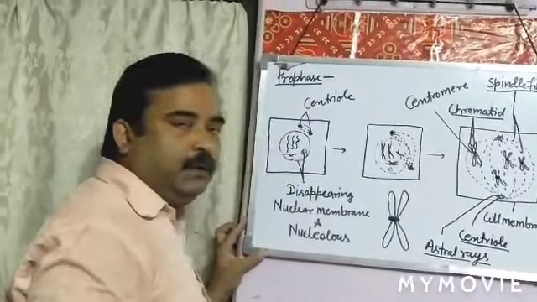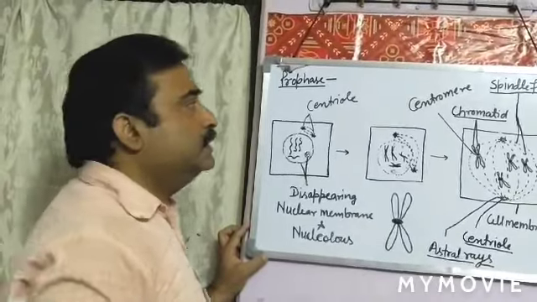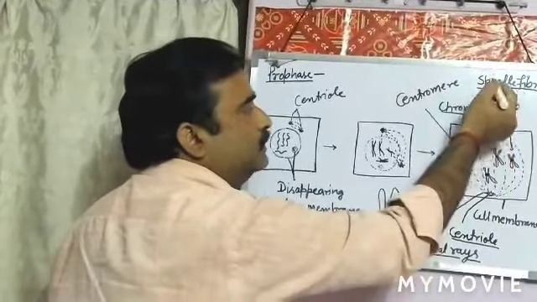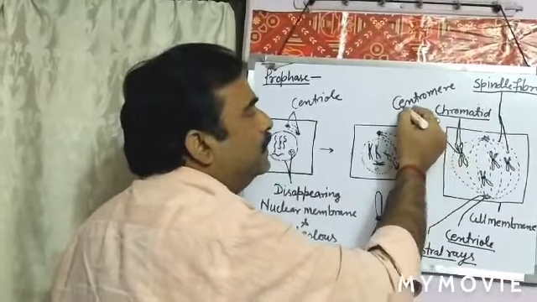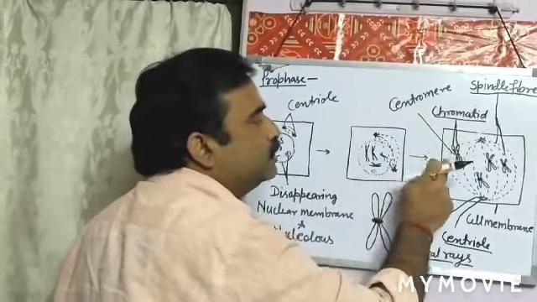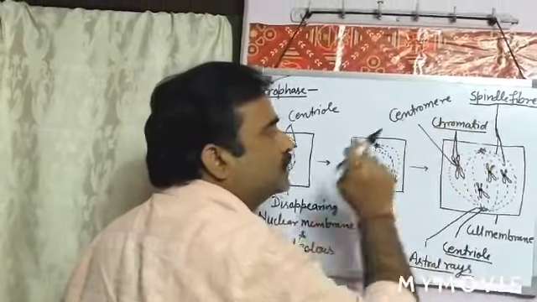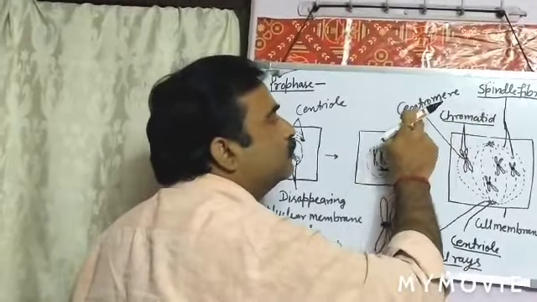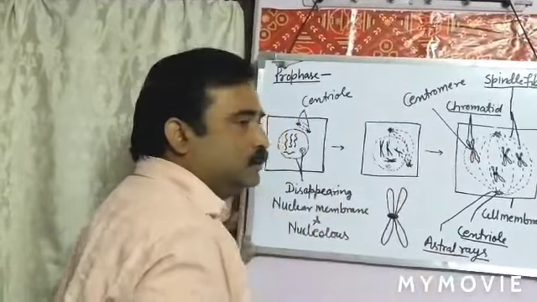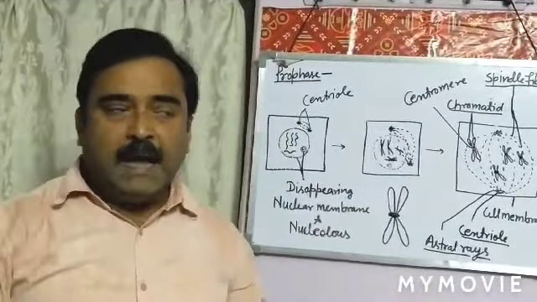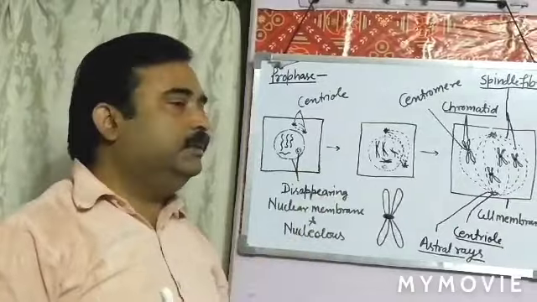Proteinaceous fibers appear in between the centrioles. That is what? Spindle fiber. And the chromatin network becomes chromosomes, and each chromosome has two sister chromatids, both connected with each other by the centromere. So this is the last or final stage of the prophase.